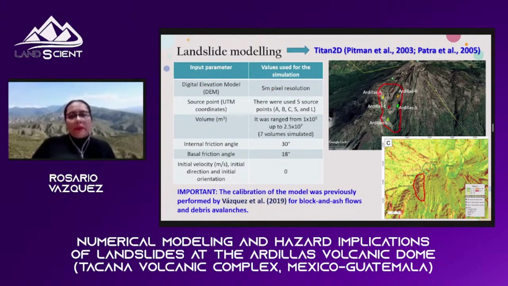We distributed 5 source points along the main fractures and fissures that we detected, which could be the starting point of a landslide within this zone. And we also varied the amount of material, I mean the volumes, of possible landslides.